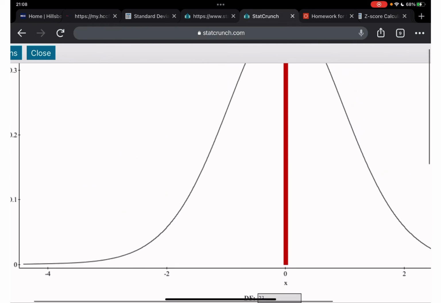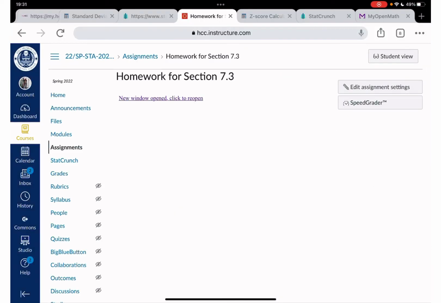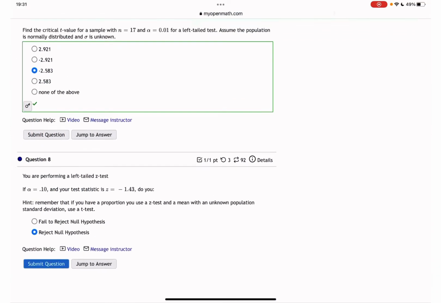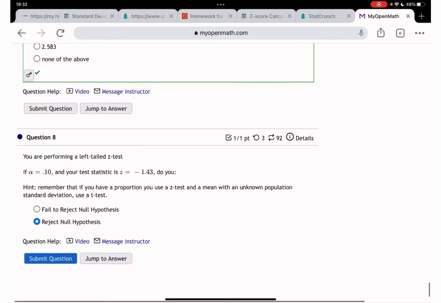Moving to number 8. Okay, so what do we have in question number 8? We're performing a left-tailed z-test. We have alpha equal to 0.1.